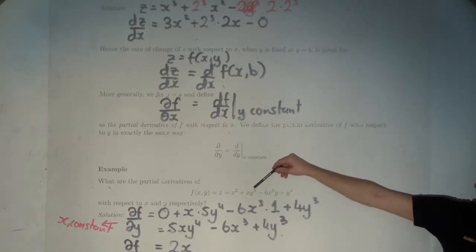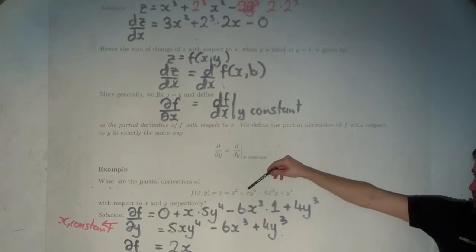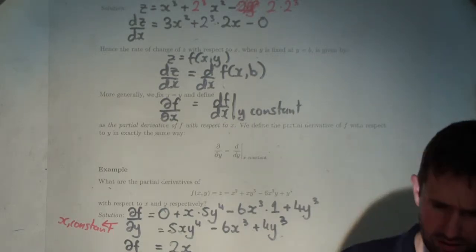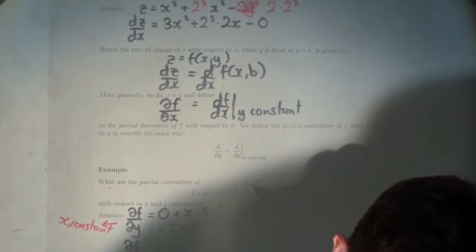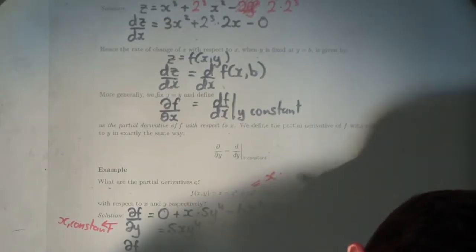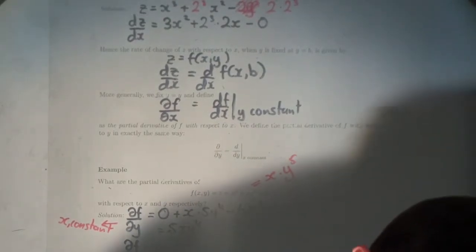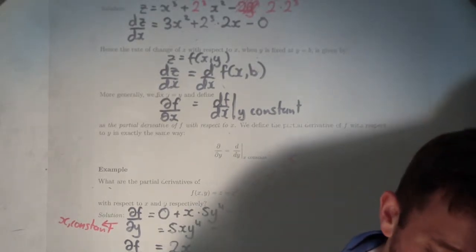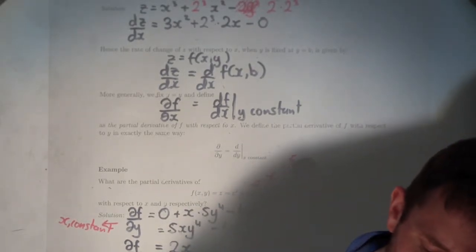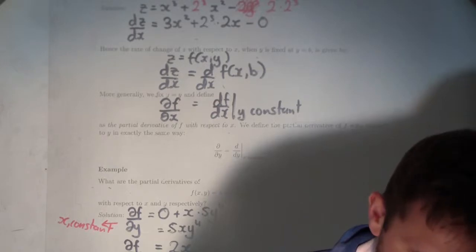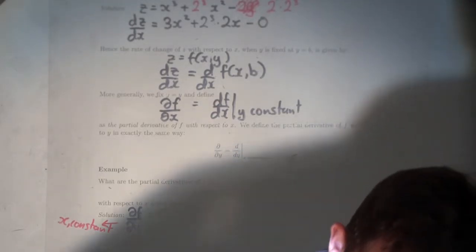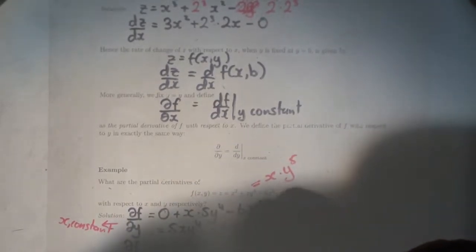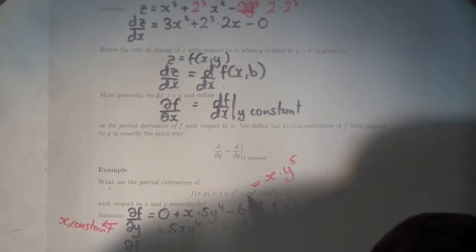No. Y to the power of 5. So I might just write, just to get something clear here. This is x times y to the 5. If y is constant, if y is fixed at 2, for example, this is 2 to the power of 5, that's also a constant. So the constant in the second term is y to the 5, so we'll fix that. And then what is the derivative of x with respect to x? 1.